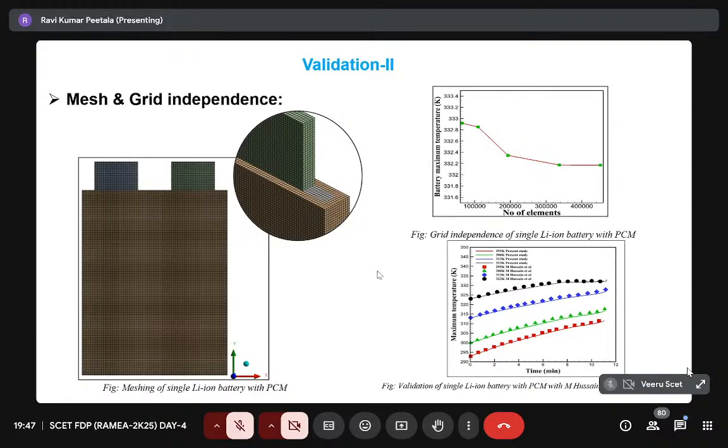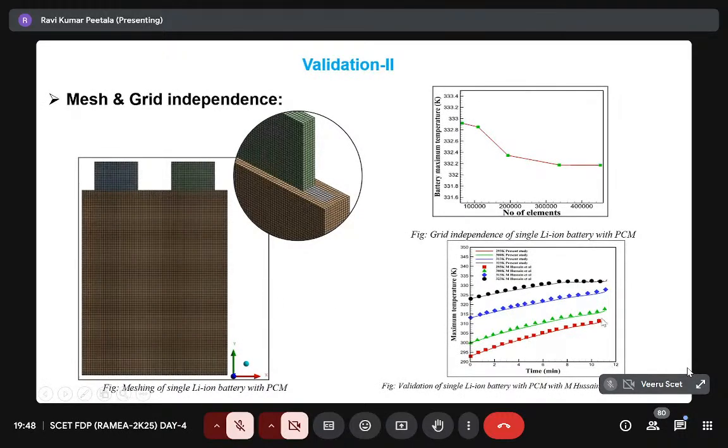Ushen et al. published how the temperature increases when you use the PCM under various atmospheric conditions. The atmospheric temperature ranges from 27 degrees centigrade to around 40 degrees centigrade. This shows how the temperature distribution happens within the cell.